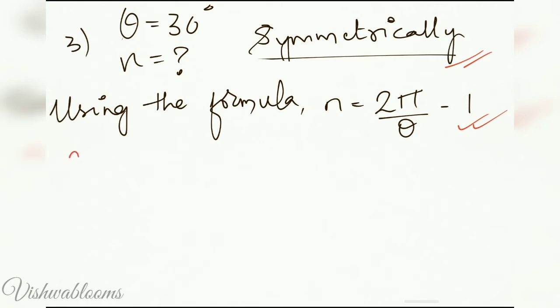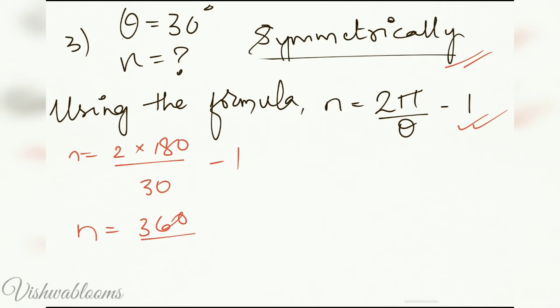So n is equal to 2 into 180 degrees divided by theta, 30, minus 1. 180 into 2 is 360 by 30, the zeros cancel, 12 threes are 36.